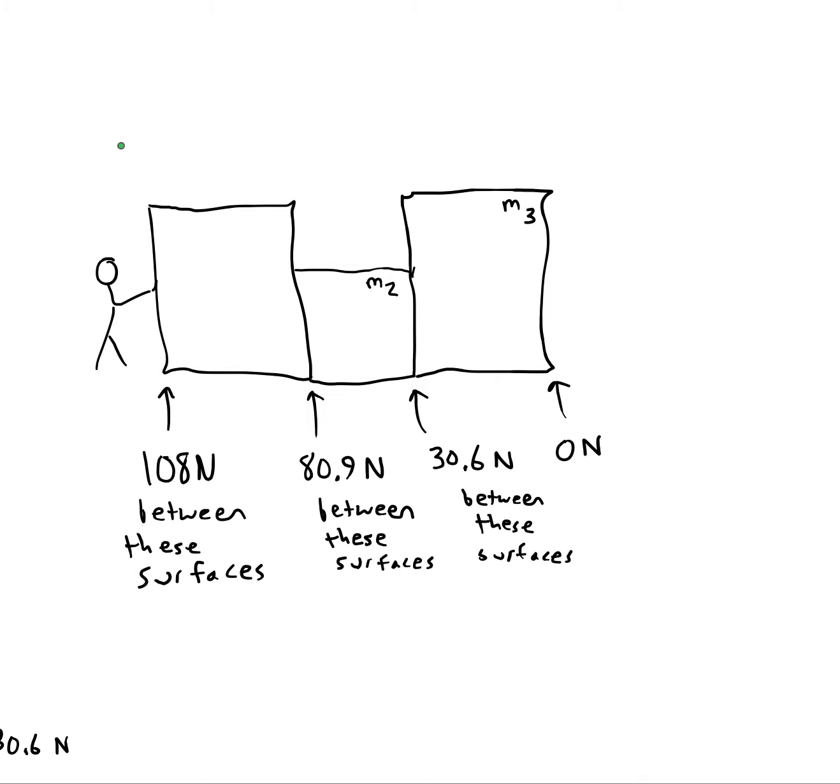And the idea is that block 1 is in contact with M2, and it has to push all of this stuff to the right. So whatever proportion of mass that is, that's how much block 1 is responsible for pushing.